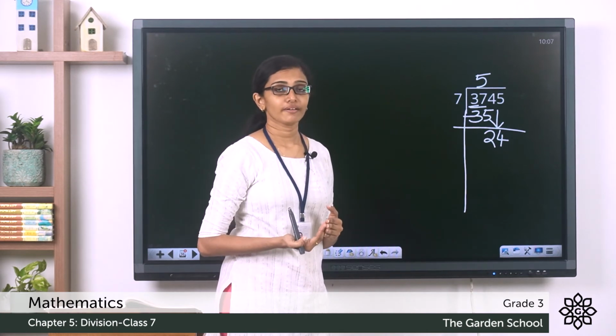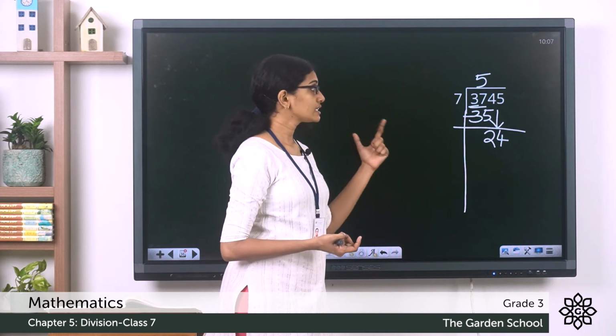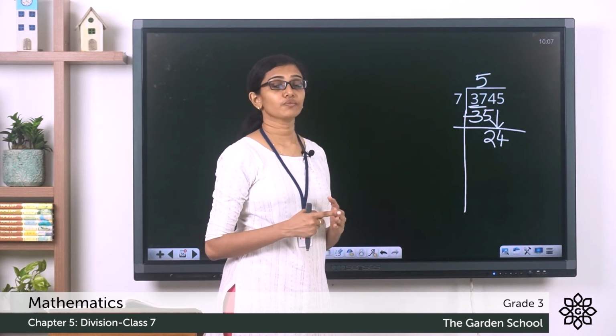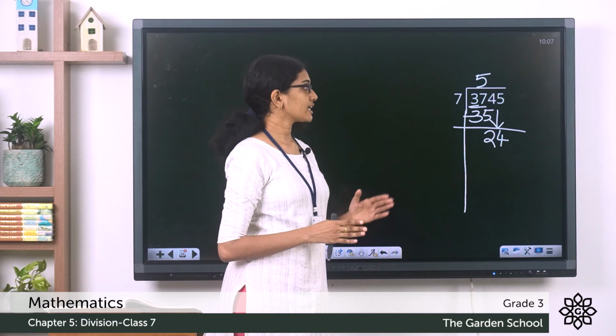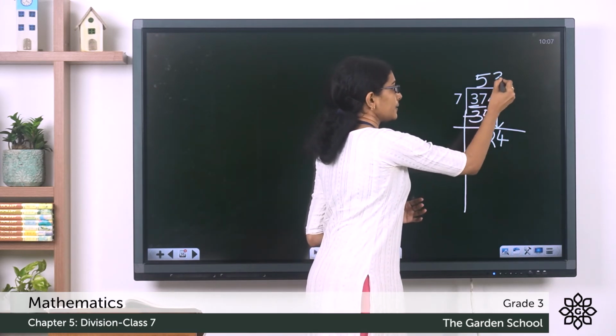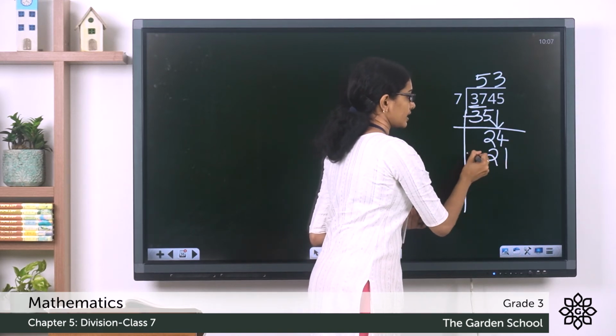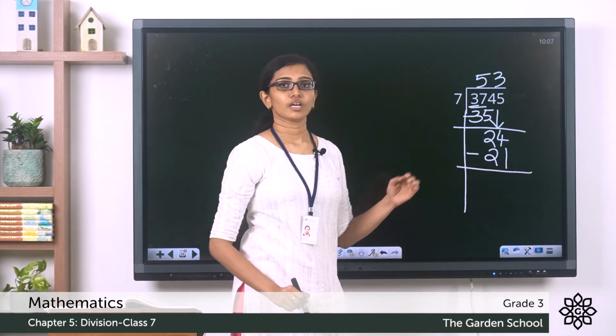Reciting the table of 7 once again. 7 ones are 7, 7 twos are 14, 7 threes are 21, but 7 fours are 28. So let's take 7 threes are 21. So write that 3 here. 7 3s are 21. Write it here.